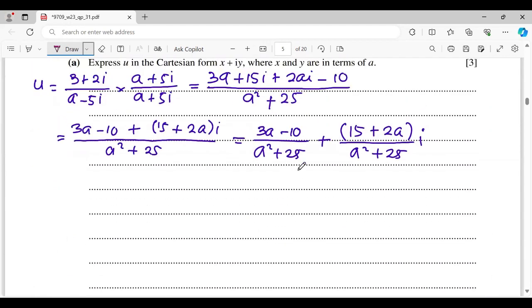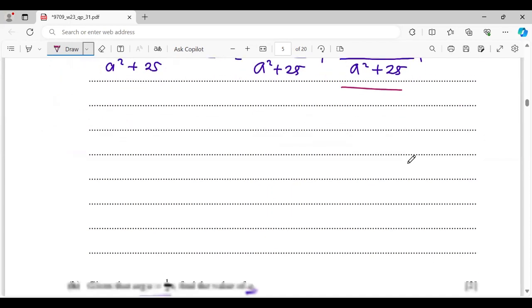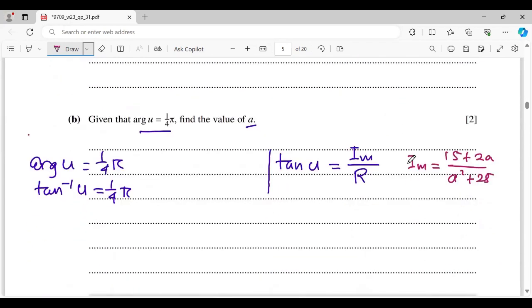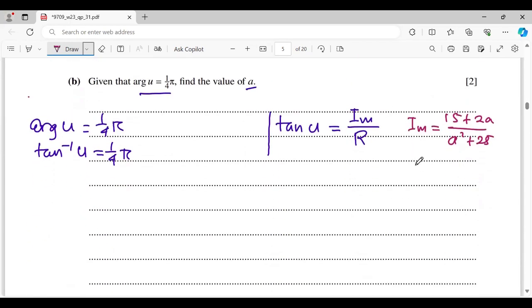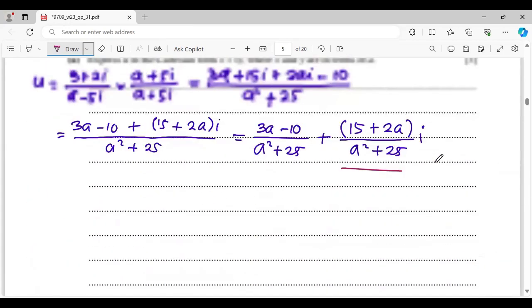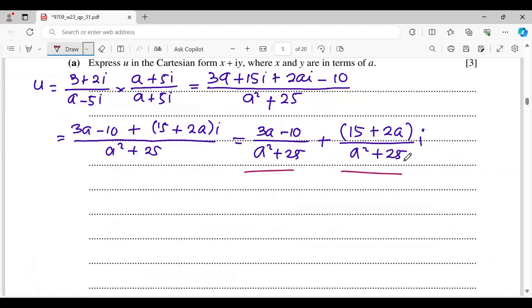Okay, this part, while the real part is this part. Real number and imaginary number, or x and y.